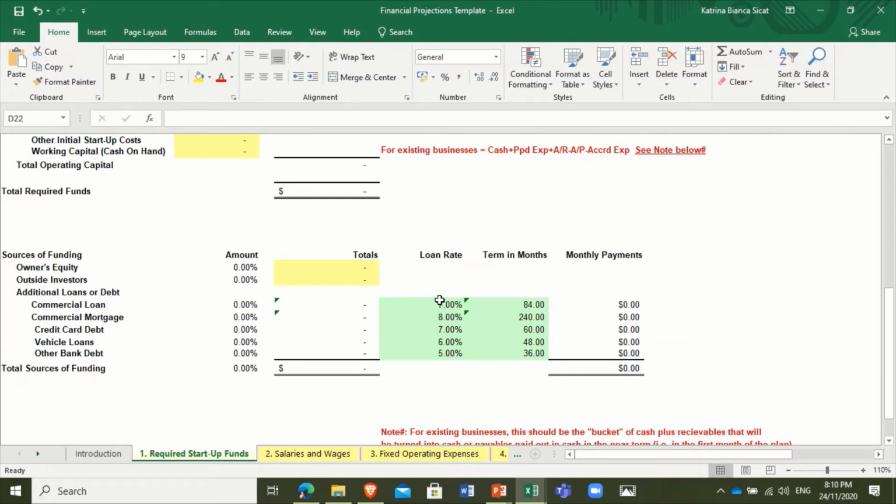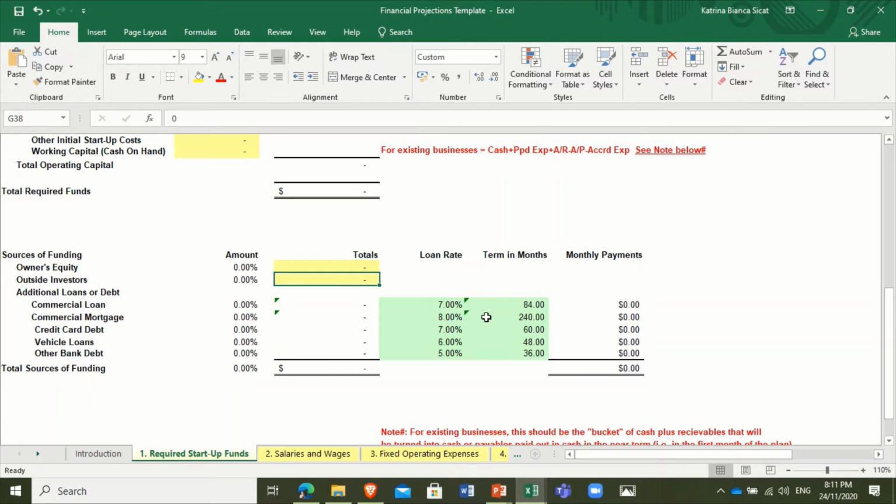So right here we have sample of loan rates, okay? So if maisipan ninyo, if hindi siya exclusive for your group mates, dito kayo sa owner's equity, and if you would want to insert outside investors, walang problema, and then magdagdag pa kayo ng commercial loan, as long as meron kayong basis for the loan rate, again, walang problema.